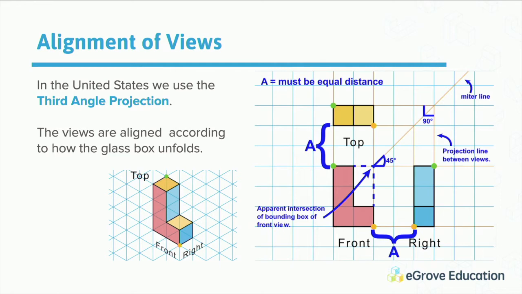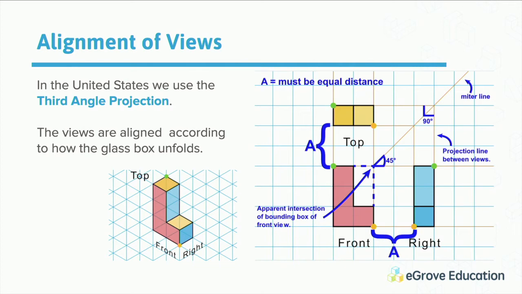And we use what we call miter lines. This is called third angle projection, and we use a miter line. It's basically a 45-degree angle line from our object, and that's how we make sure everything is aligned appropriately. We align them according to how the glass box unfolds, and it's called third angle projection.